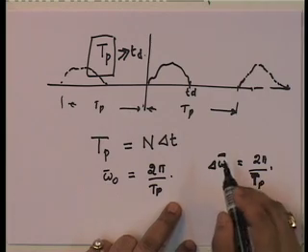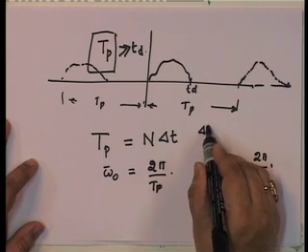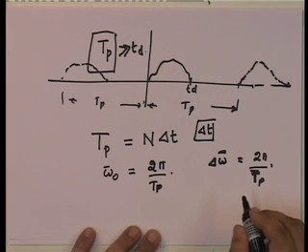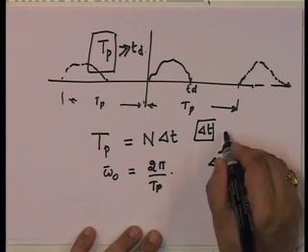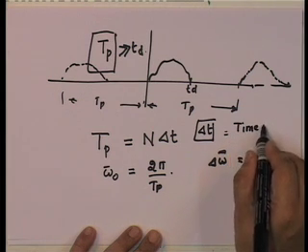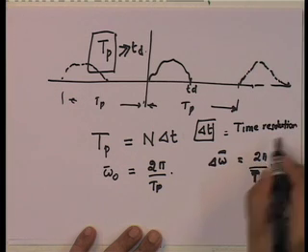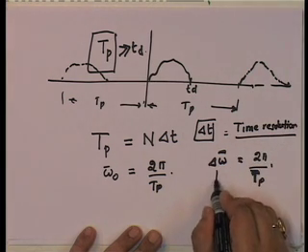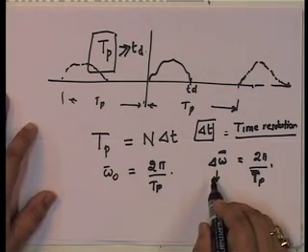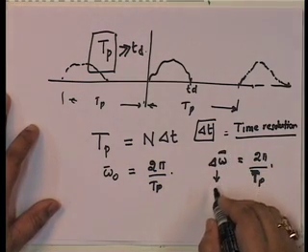In other words, if you really look at it, delta t represents my time resolution. And delta omega bar, if you note it, once I made it a periodic load, if I made it a periodic load, what do I have?